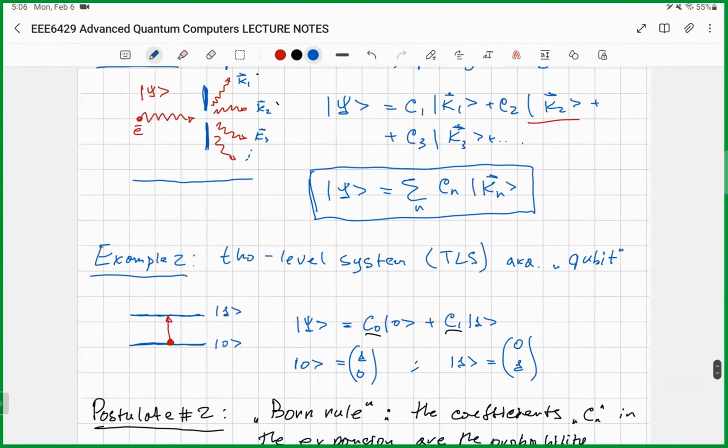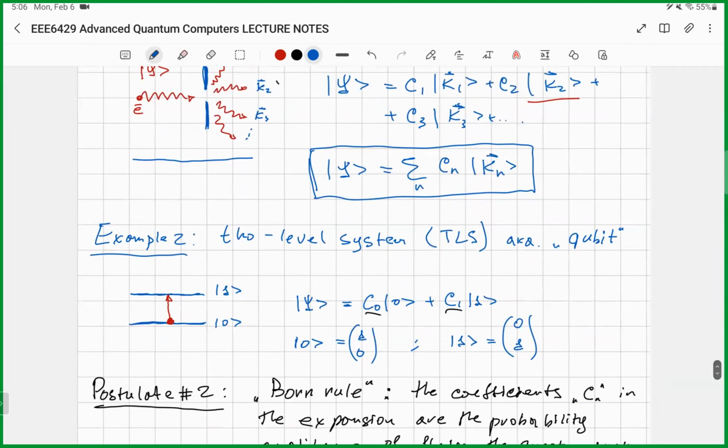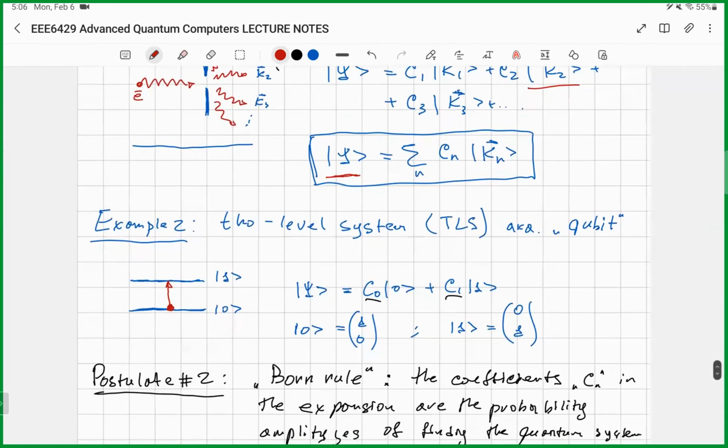That means basically that we can represent the state of any quantum system, like this psi, as a superposition of several basis states. So this psi vector, this quantum state, corresponds to some general state of a quantum system. If we're talking about an electron, then this state is a superposition of electrons that propagate in all possible directions.